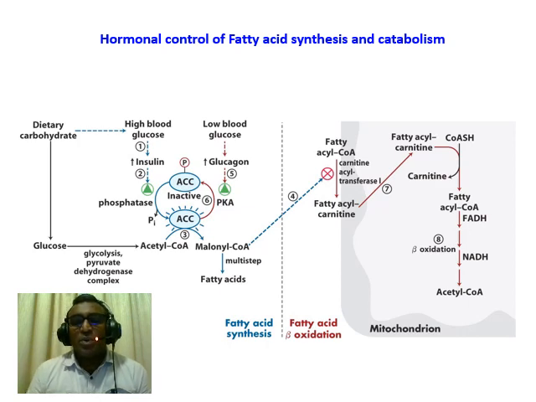Since there is so little malonyl CoA, it cannot go and inhibit the carnitine shuttle, and therefore fatty acid can now enter into the mitochondria, and the fatty acid can then undergo beta oxidation to provide lots of FADH2, NADH, as well as importantly acetyl-CoA for the citric acid cycle to take place.